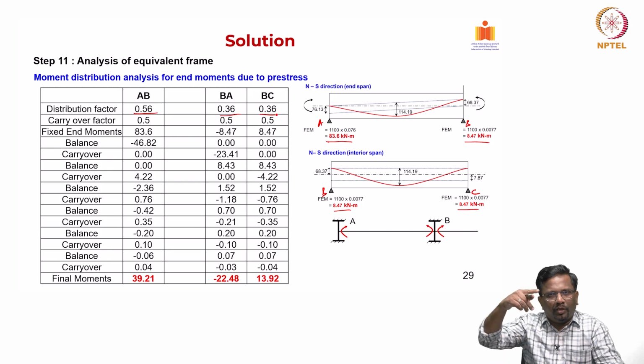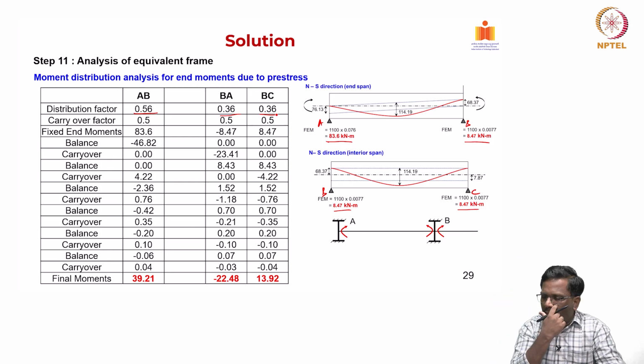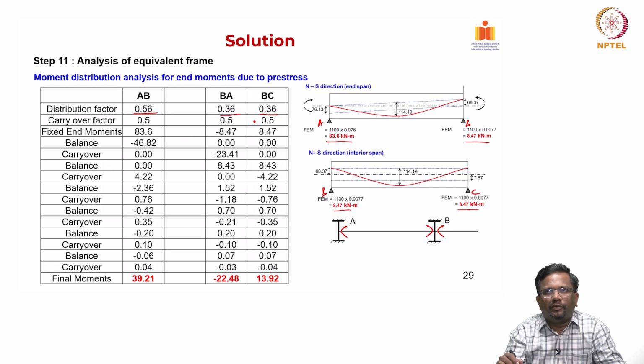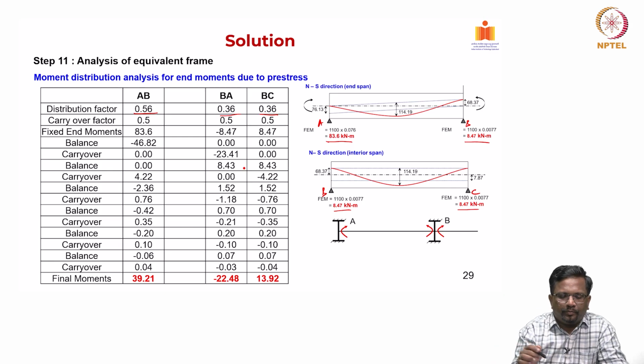Please note that you also have an equivalent column that is there. So, that we are not considering here. So, we are considering only the slab to show for clarity, right.